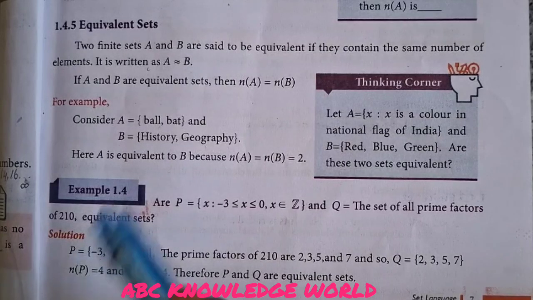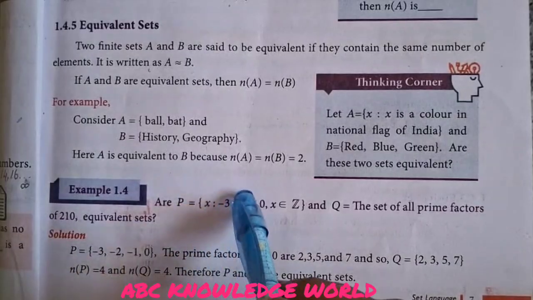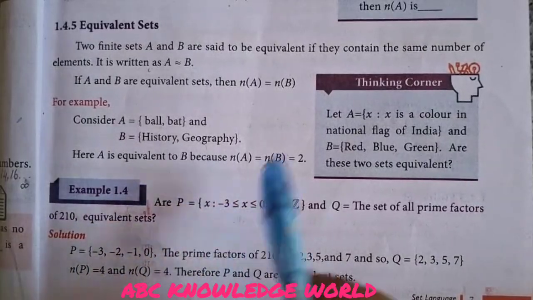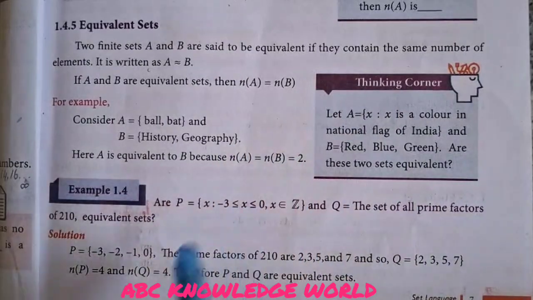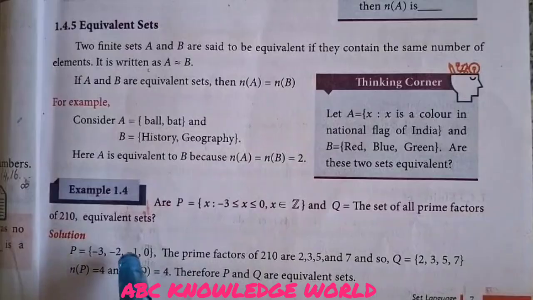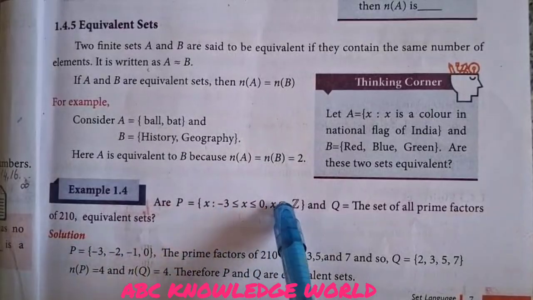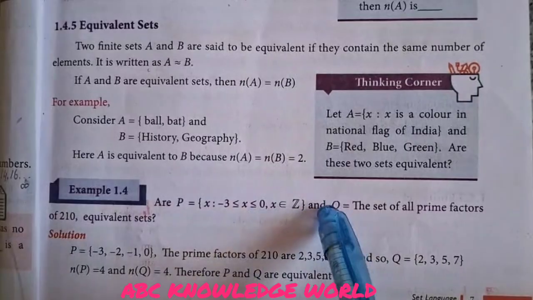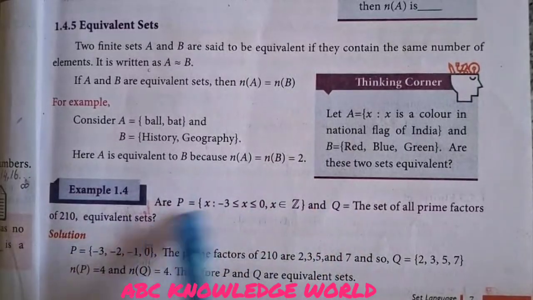So P is equal to minus 3. We include minus 3 because the symbol denotes less than or equal to. So minus 3, minus 2, minus 1. We have to add 0 also because that symbol denotes less than or equal to 0. So this is the answer of the P set.